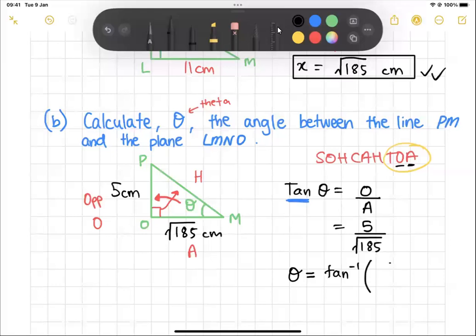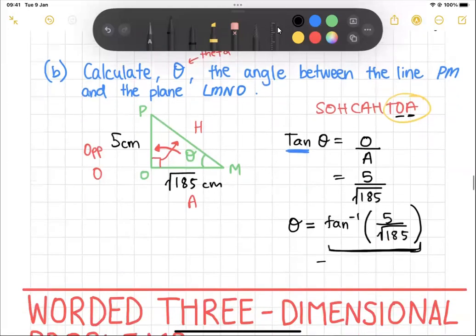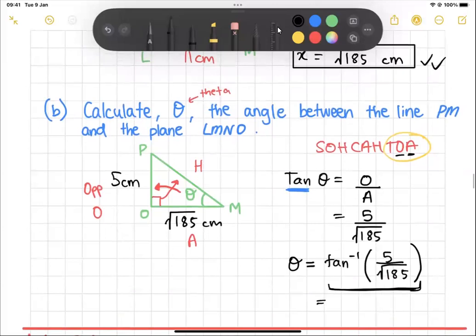Open the bracket and put in 5 over square root of 185. Put this into your calculator and you should get 20 degrees 11 seconds, making sure to press DMS or the bubbles button.